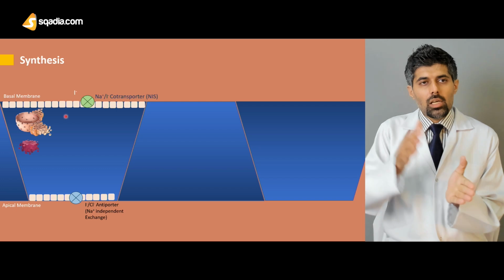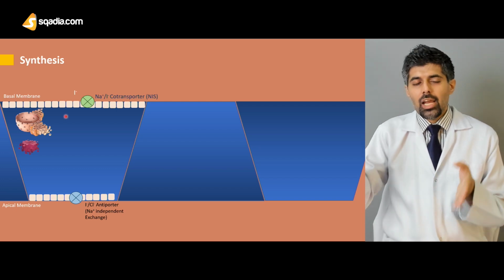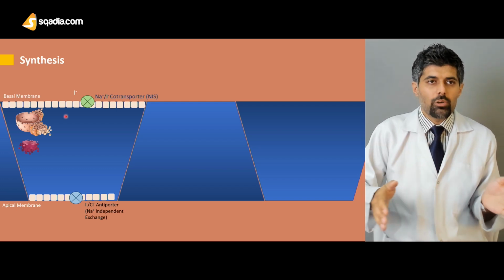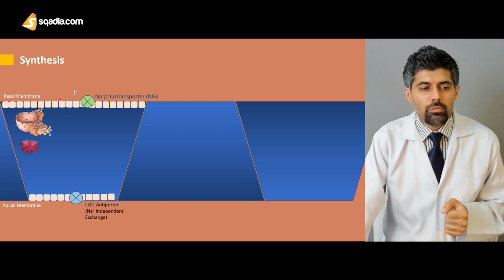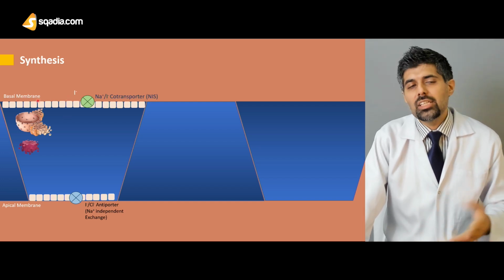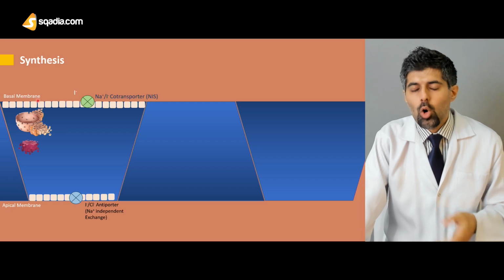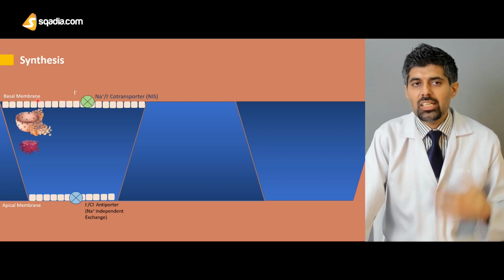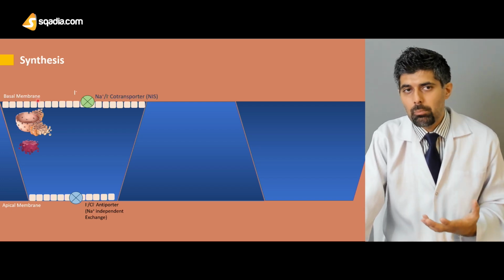So what happens is that inside these follicles, there are two types of membranes. One membrane is outward facing and one membrane is inward facing. The outward facing membrane is known as the basal membrane, or it is sometimes also labeled as the basolateral membrane.